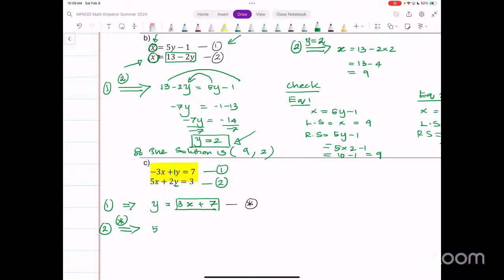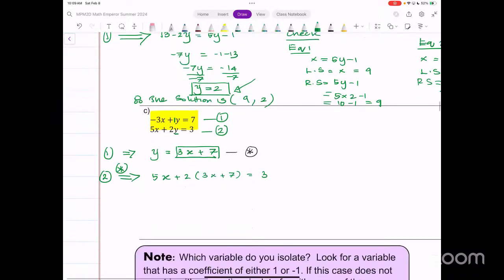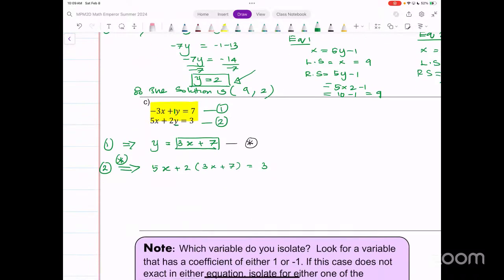So 5x plus 2 times (3x plus 7) is equal to 3. After that, you know what to do. It's pretty straightforward solving for x. So 5x plus 6x plus 14, 11x plus 14, 11x equals negative 11, x equal to negative 1.